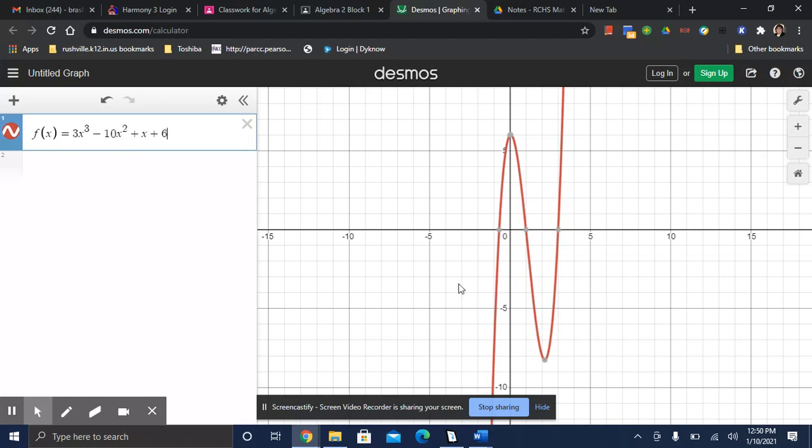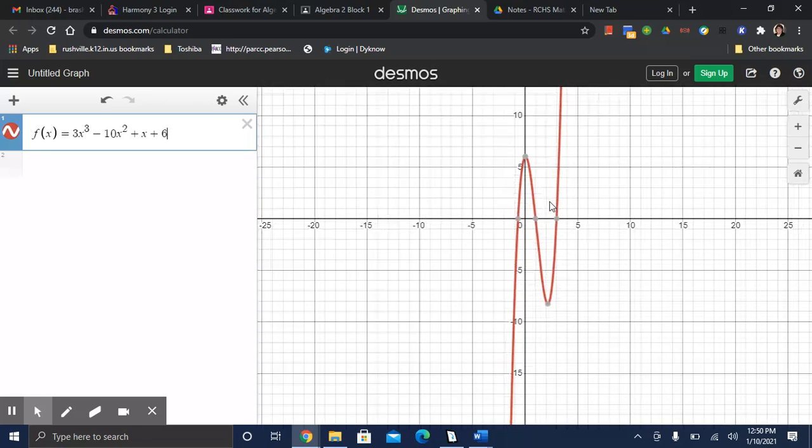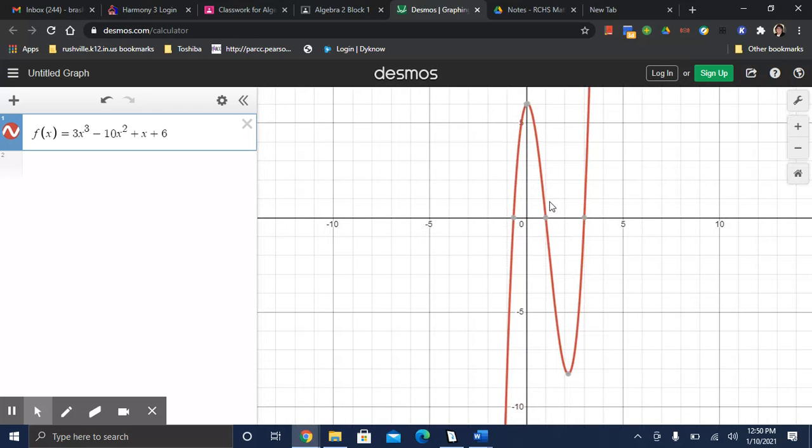So you'll notice that you have the graph showing. You can zoom out, but you do want to be able, I needed it zoomed in like this, trying to make it as big as I can, so that I can see the left end down, the right end up, and I need to be able to see everywhere that it hits the x-axis. I need to be able to see where it hits the y-axis.